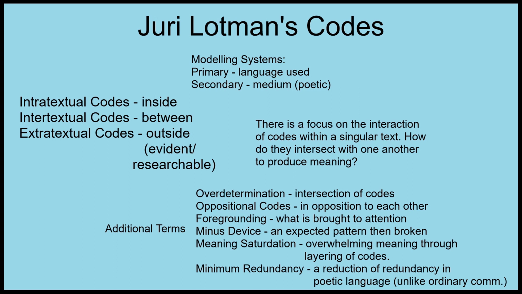Now, anyway, let's look at meaning saturation. Meaning saturation is basically the use of sort of overwhelming meaning through the layering of codes. So basically, a poem has so much meaning because you're layering code upon code upon code.